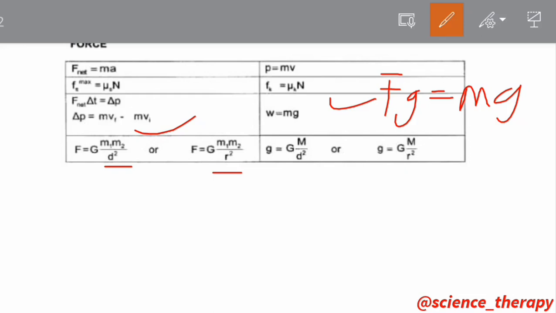Then here we have the universal gravitation law formula. So we say F equals G m1 m2 over d squared, or F equals G m1 m2 over r squared. Then the last formula here is used to calculate the gravitational acceleration of a particular planet, right?